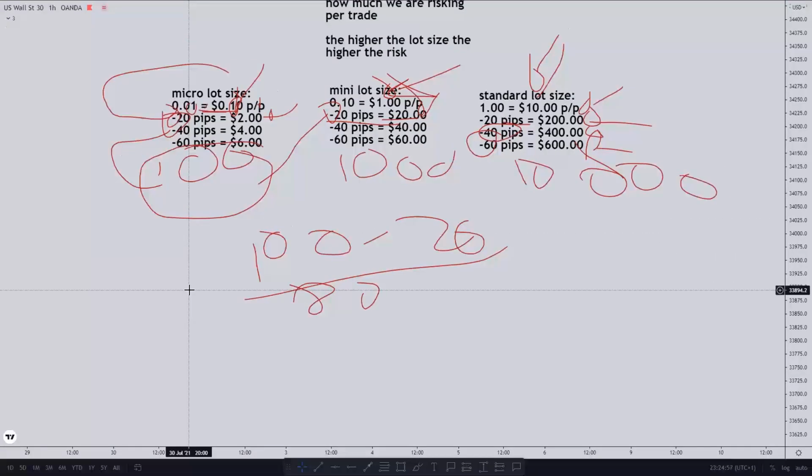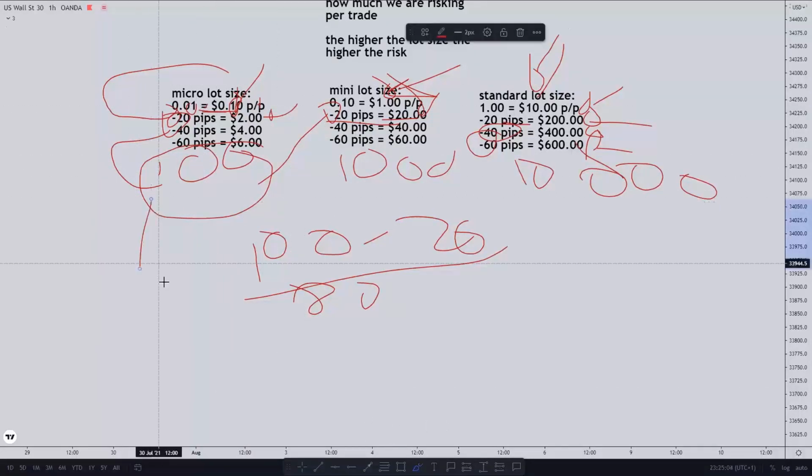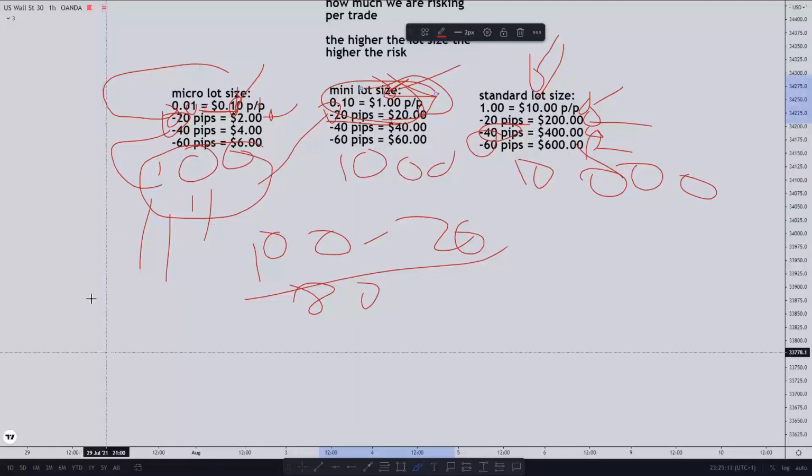So imagine risking 20% on one trade. Doesn't make sense, right? So if you have a smaller account, stick to the micro lot size until your account grows and is able to take these losses, because you need to take these as your losses.